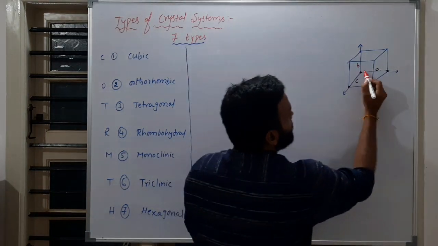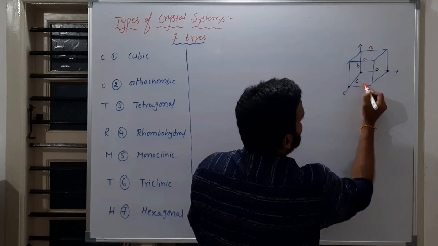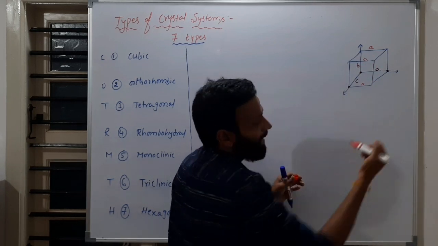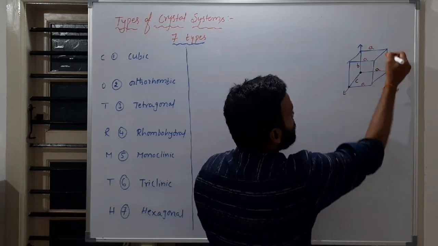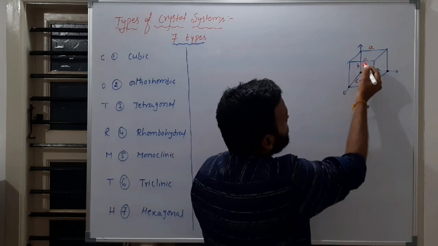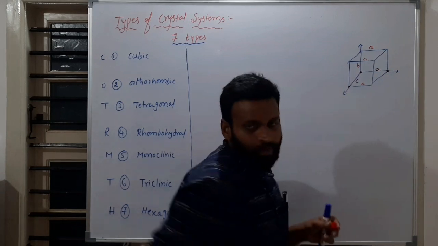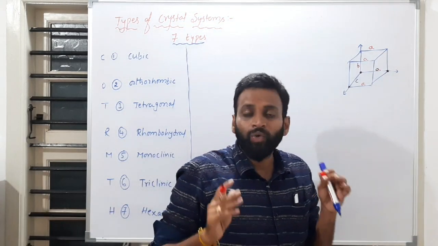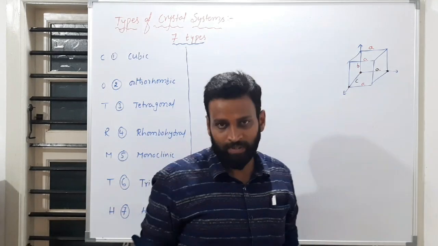So how do you say it? This is A, and here you can say A, and this is A, and this is A. Total how many of that kind? A, 4. Similar way, B how many? 1, 2, 3, 4. Getting what I am saying? In that way, C how many? In this diagonal manner, C, C, C, C. So like that, 12 edges exist, but the 12 edges are of 3 types.